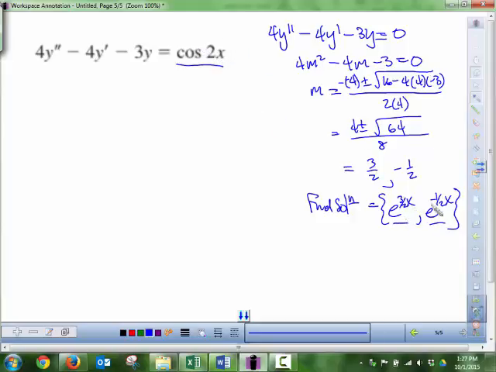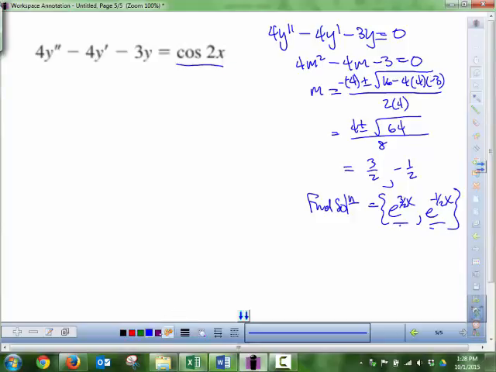Because if I, for some reason, got a sine 2x and a cosine 2x for the fundamental solution here, I'm going to have a problem matching this up because that's linearly dependent with g of x. That makes your problem a little bit more difficult. So it is important to look at your fundamental solution and your g of x before you proceed, because that's going to make a difference.